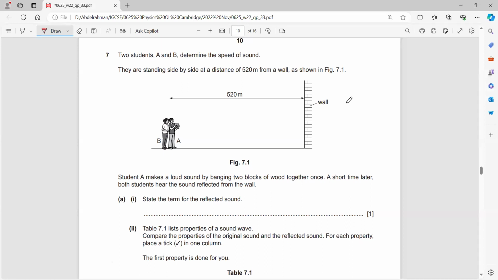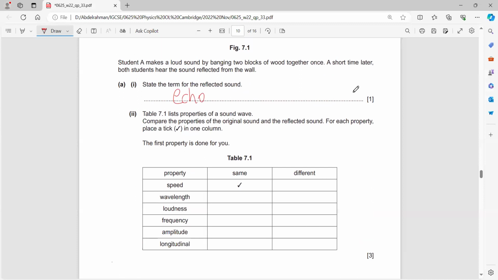State the name for the reflected sound. Echo. Compare the properties of the original sound with the reflected sound for each property. Speed is the same. What about the wavelength? The same. برضه the same, صح? What about the loudness?